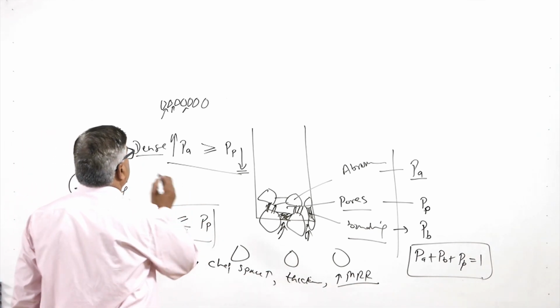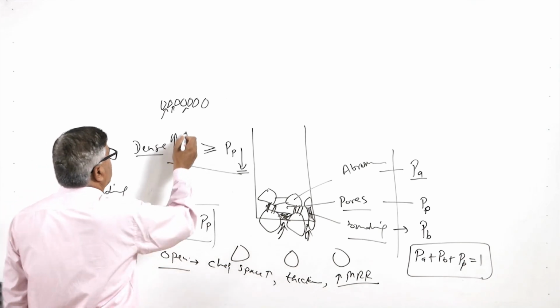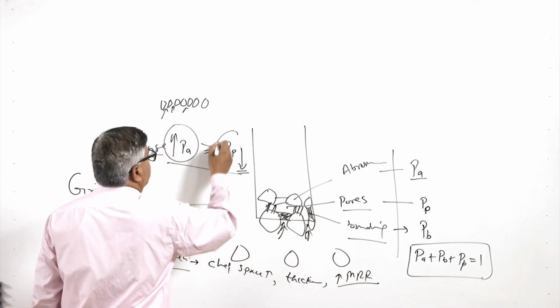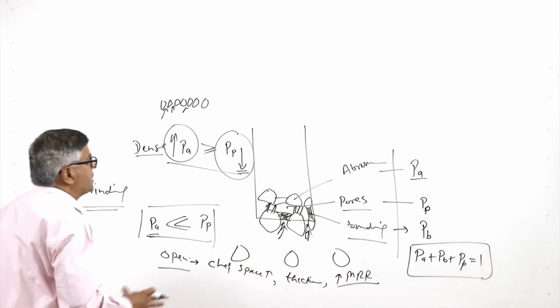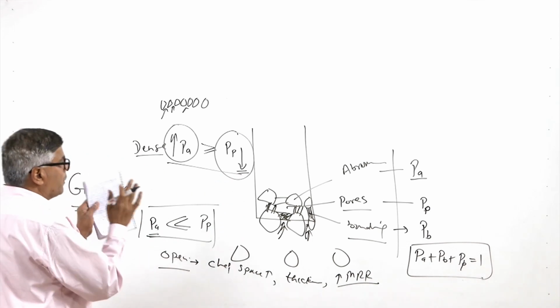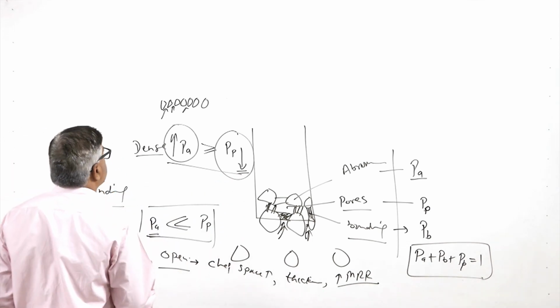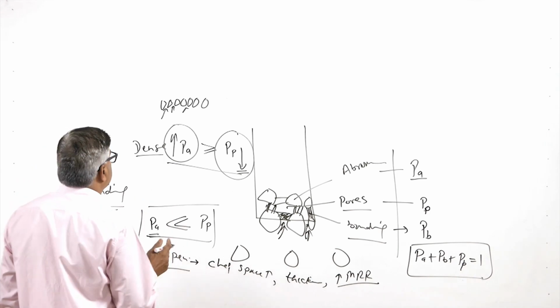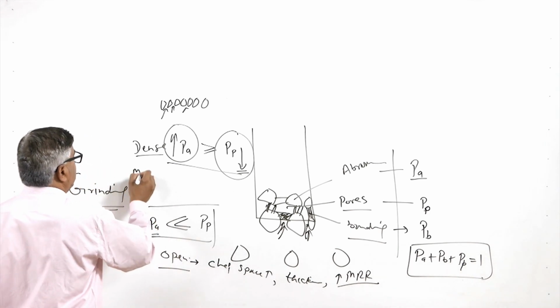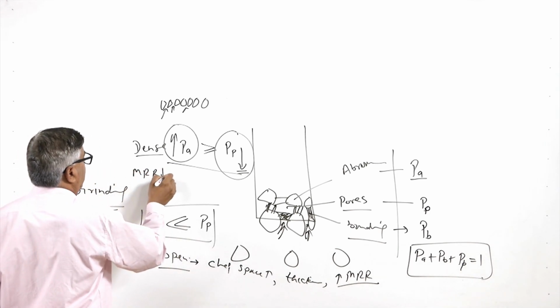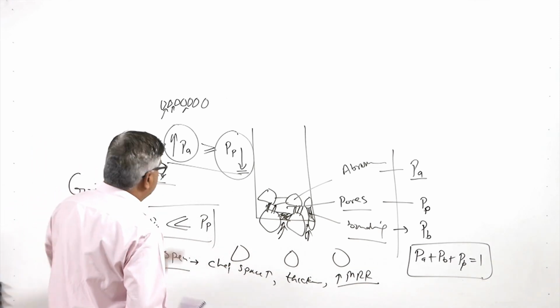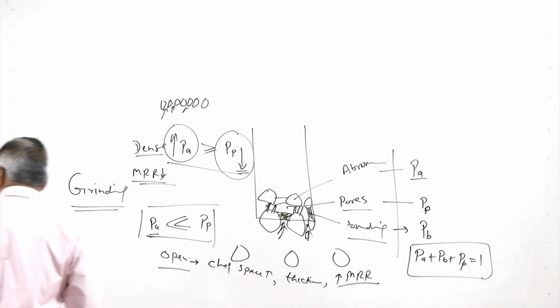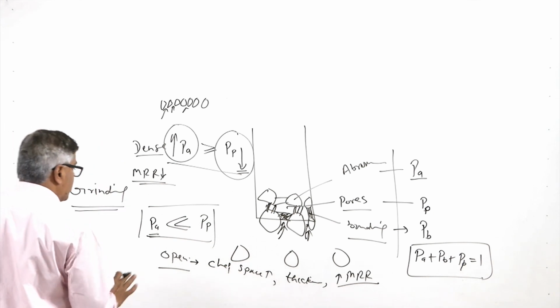So, in case of the dense structure, when the abrasives are more and the fraction of pores is less, very closely packed abrasives lead to reduced chip space, which leads to reduced MRR. So, these are the two situations regarding the structure.